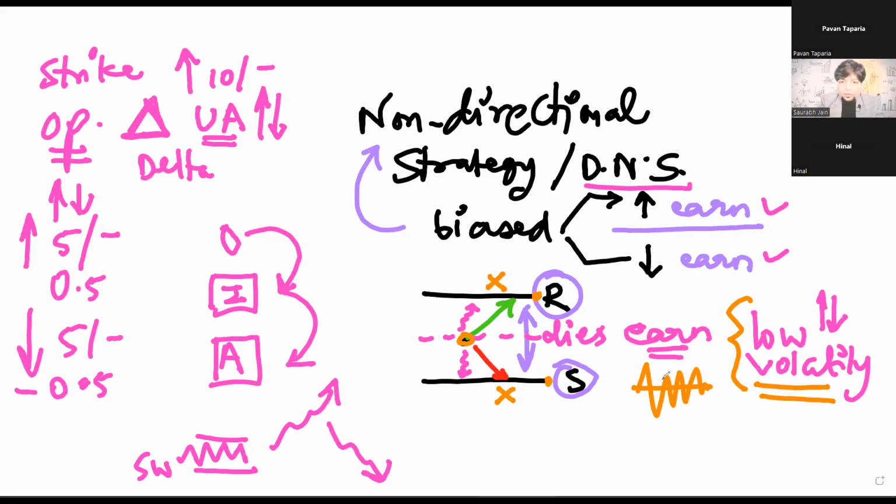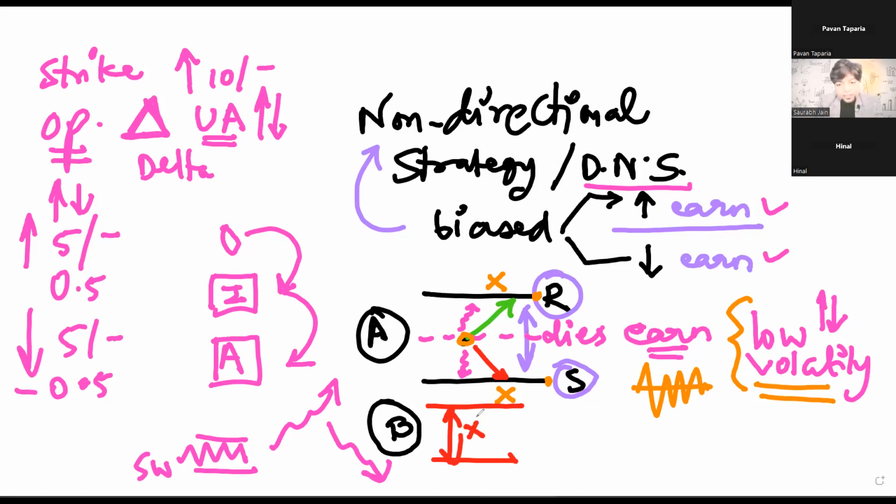Now, this is Mr. A, and in the same case there is somebody called Mr. B who strongly feels that the market will not stay in this range. Either the market will surpass this resistance, or the market is going to break this support and go down.